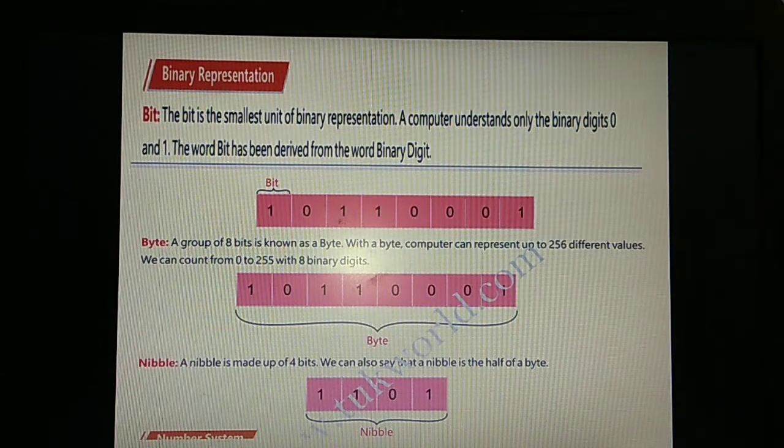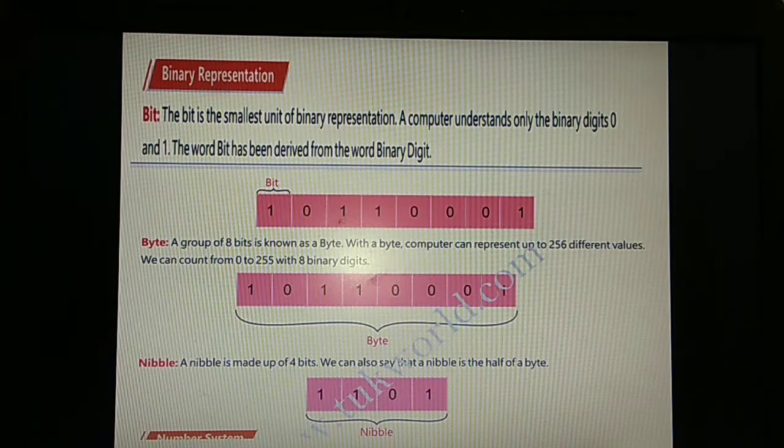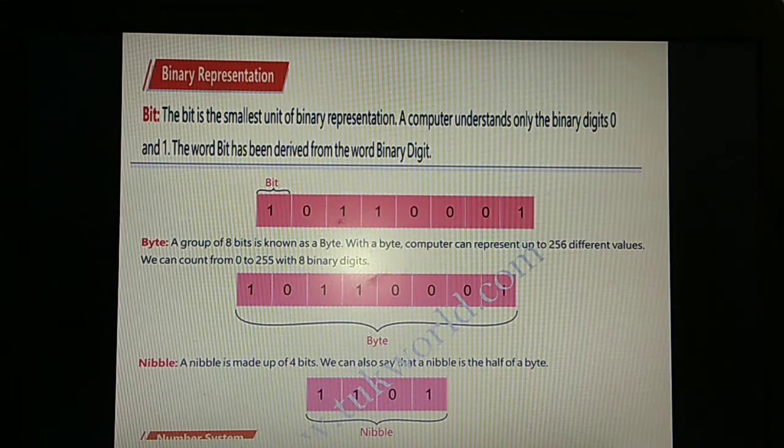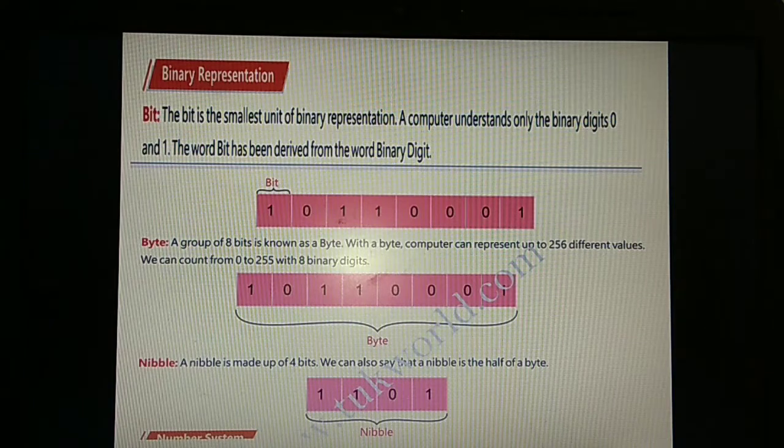A byte means a group of 8 bits, consisting of 0s and 1s, 8 digits. And a nibble means a group of 4 bits. You can see the example in the slide. Till here I stopped in the earlier video.